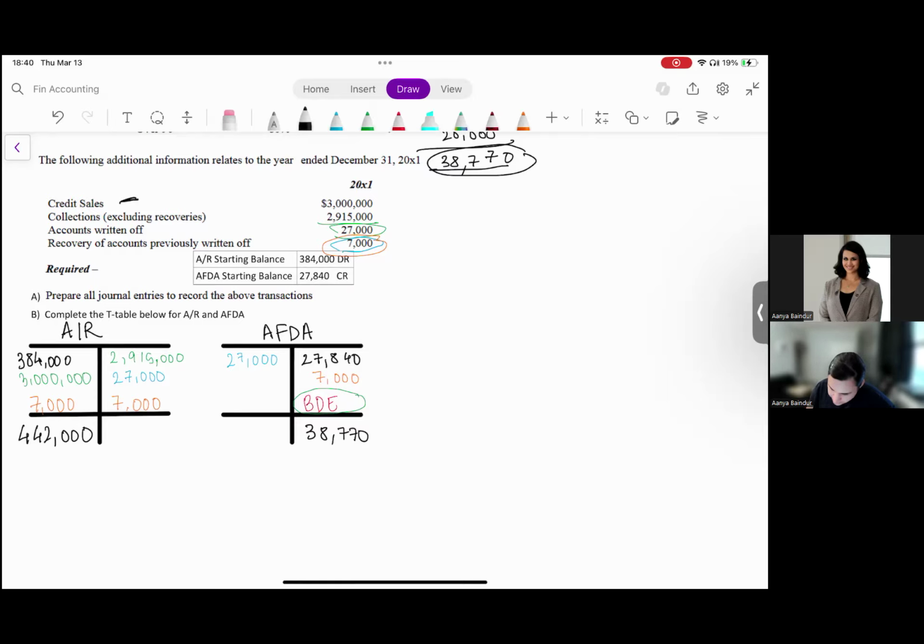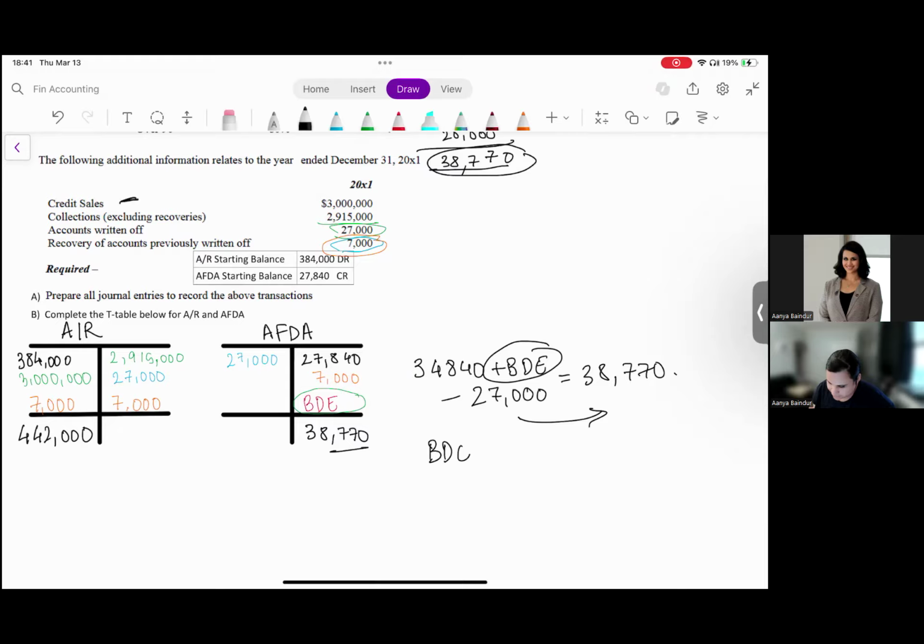So these two numbers adding up, so let's add those. 27,840 plus 7,000 gives you 34,840 plus bad debt expense minus 27,000 is equal to 38,770, right? Now, let's keep this term and move the other terms to the other side.